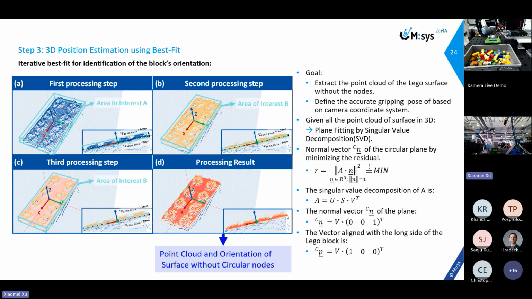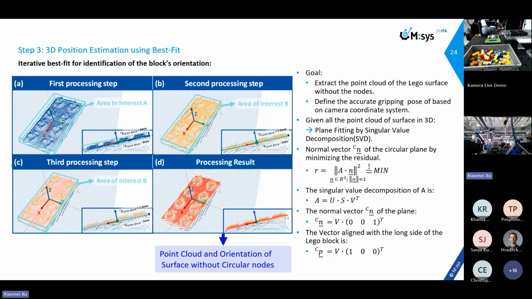The vector aligned with the long side of the Lego brick, P, can be obtained when matrix V is multiplied by the X vector. The vector C is from the vector N cross product with the vector P.